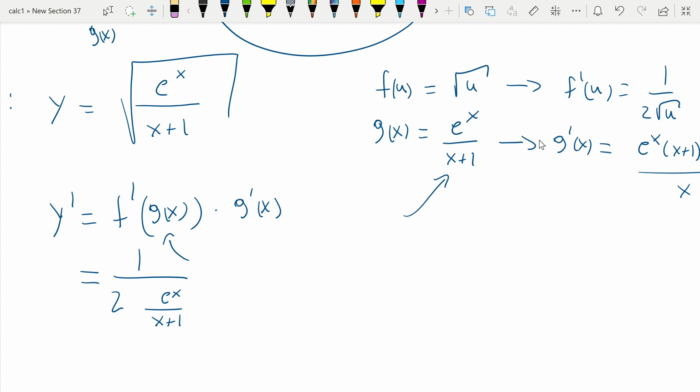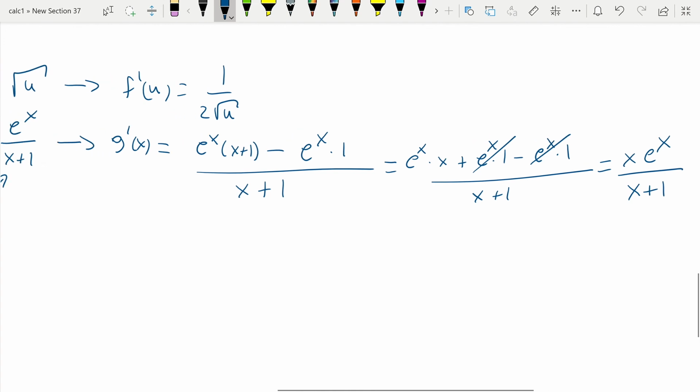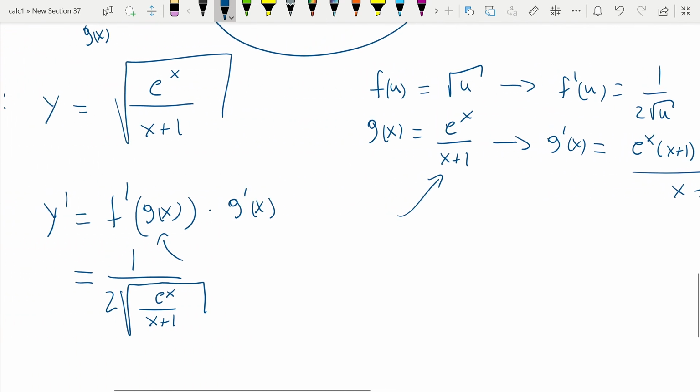And now we need to multiply all of that by g prime of x, which we computed here, which is x times e to the x over x plus 1.